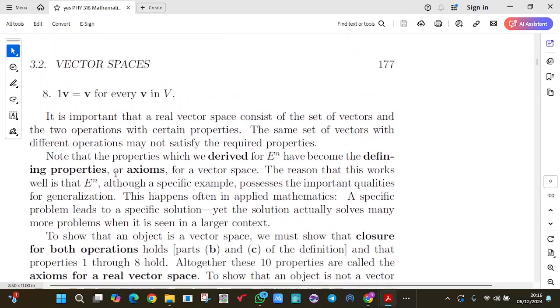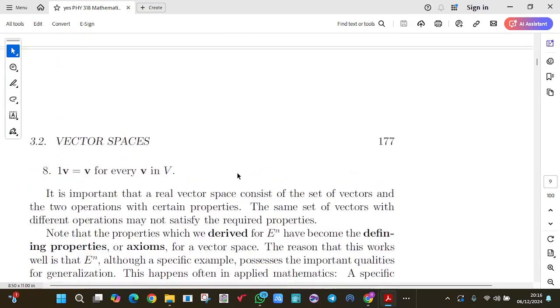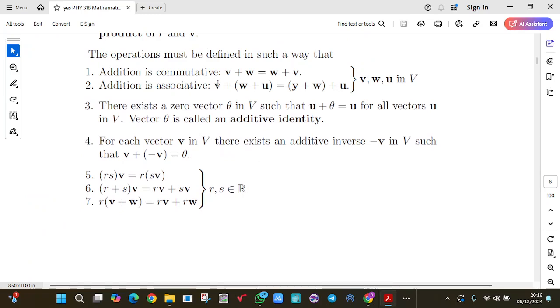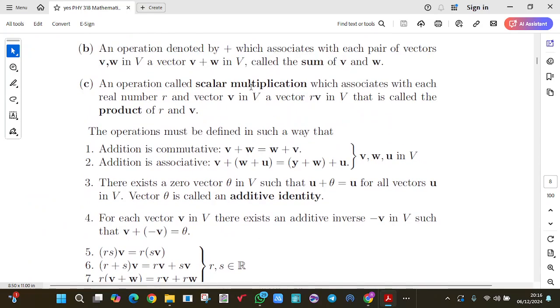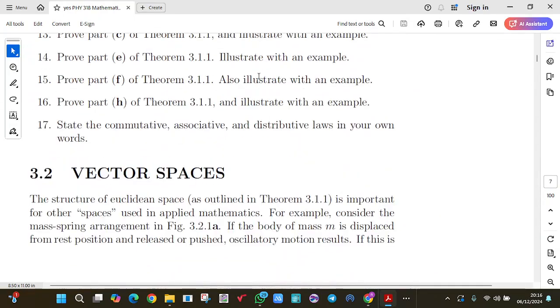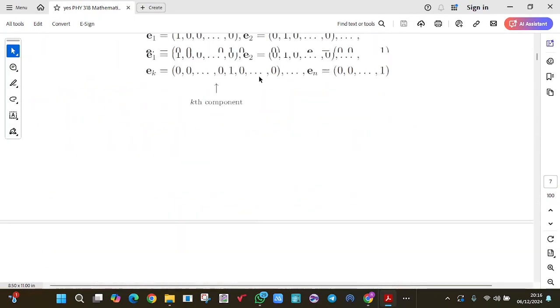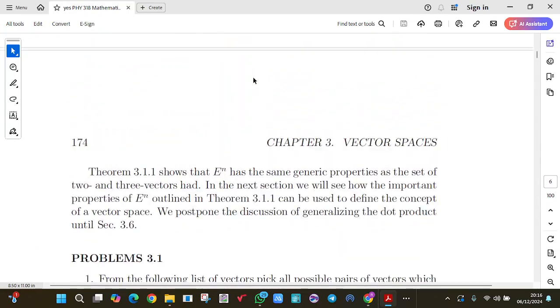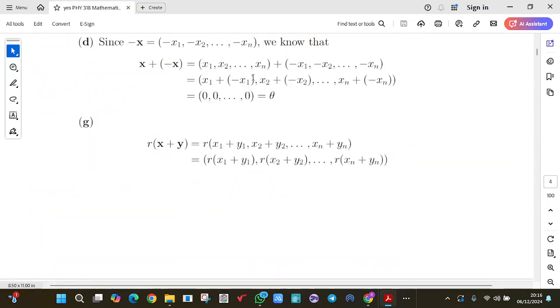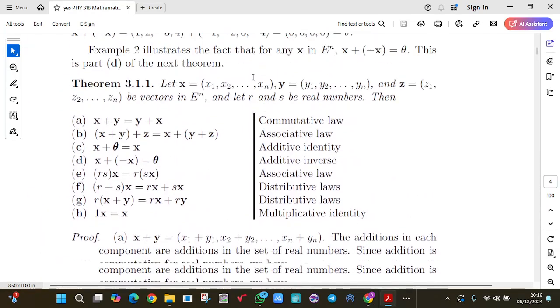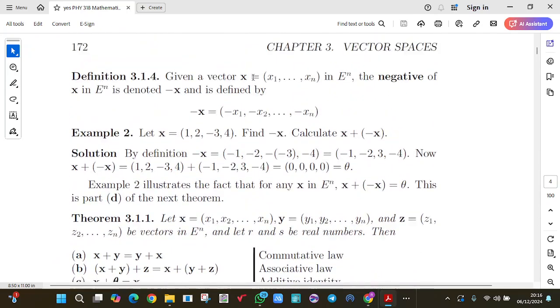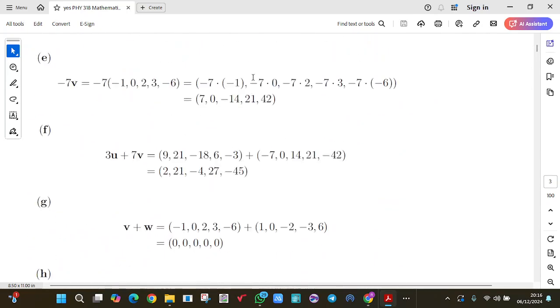These are the axioms. Some people call them axioms, or you call them properties. All these laws, I've already seen them. The closure law, I think I started with it.